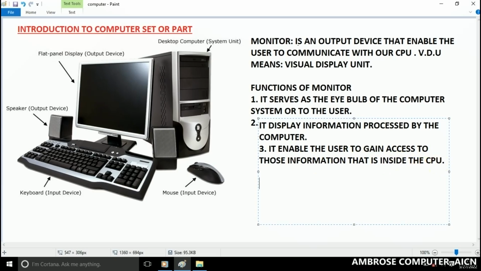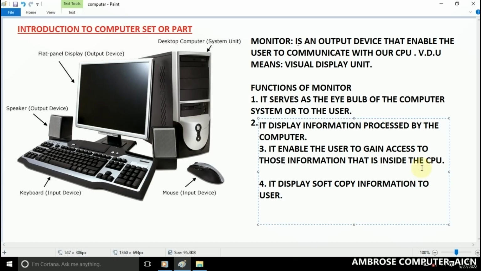And then lastly, it also displays soft copy information to the user, whoever is using it.